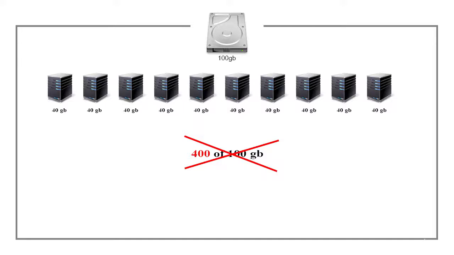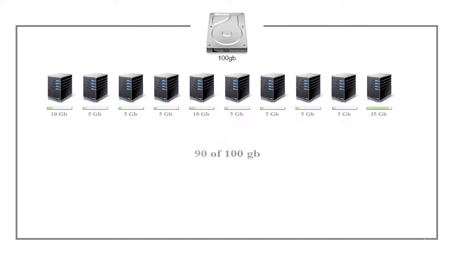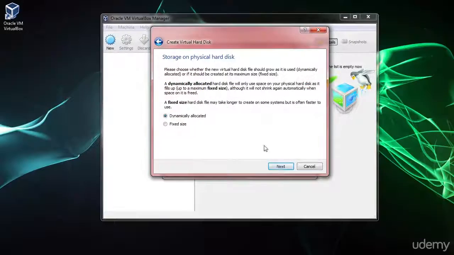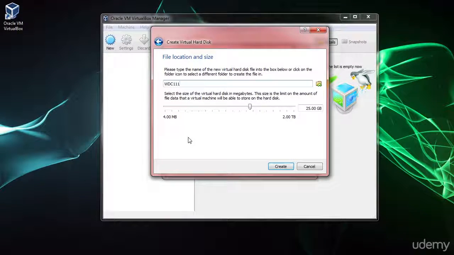So you can set those to dynamically allocated, or thin provision the hard drives, so that they only use what they need at one time. And then if, say, one server needs to go up to 40 gigabytes, then you go ahead and do that. So it's kind of like playing a guessing game. Well, I don't think all my servers are going to use all 40 gigabytes, but just in case I need one of them to go up to 40 gigabytes, I'm going to go ahead and set it to dynamically allocated. All right. So we're going to click Next.